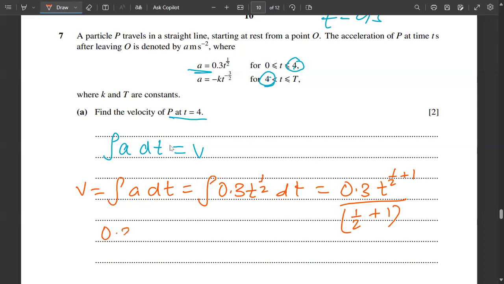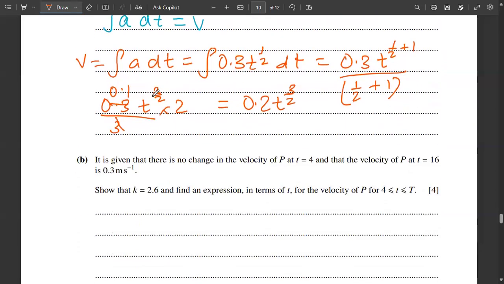So this equals 0.3 t raised to 3 by 2 upon 3 by 2. 2 goes up, 3 into 2, this cuts to 0.1. So the answer is 0.2 t raised to 3 by 2.